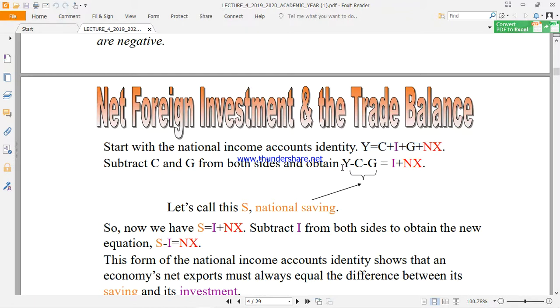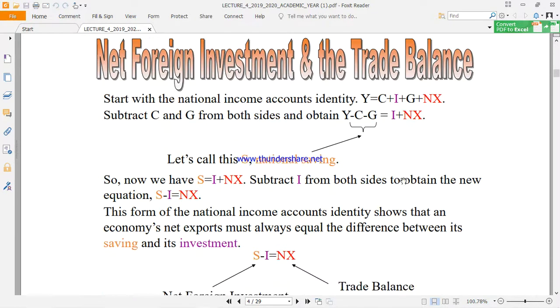our meat. So we are saying that output minus consumption minus government expenditure must equal the total level of investment plus net exports. And net exports is just the difference between what we export and what we import. So let's call this national savings.